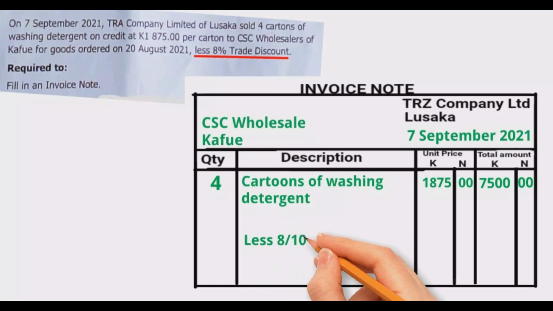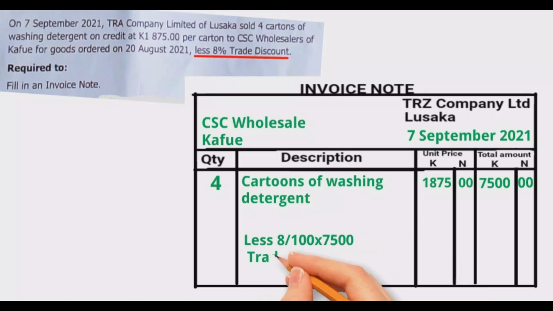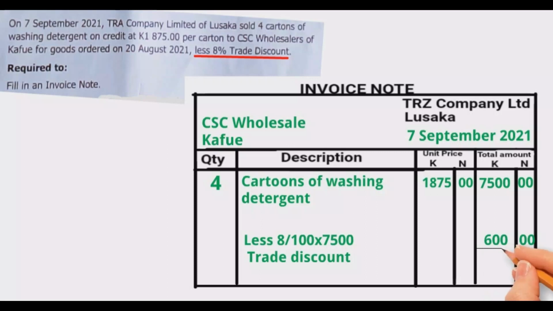So we say 8 over 100 times 7,500, which will give us 600. So we write 600 here, and the 00 goes here. Then we say minus. So 7,500 minus 600 will give us 6,900. So this was the amount payable.